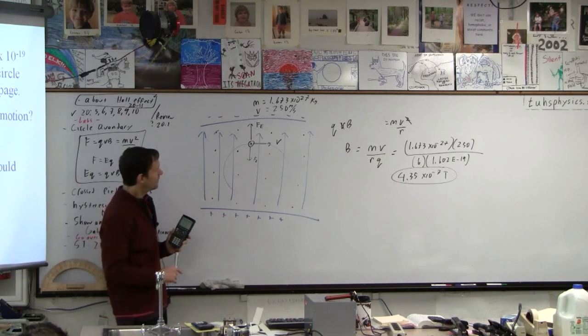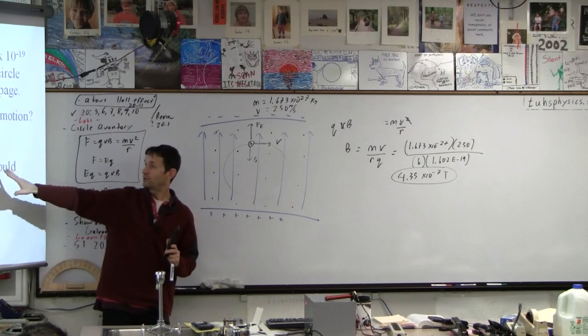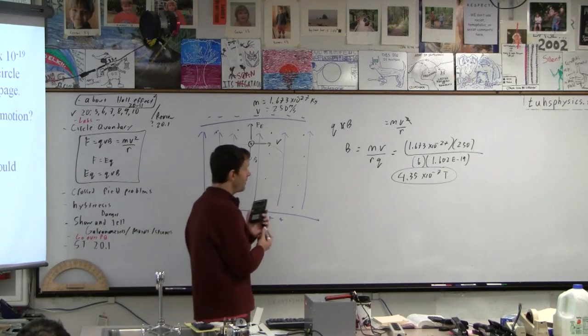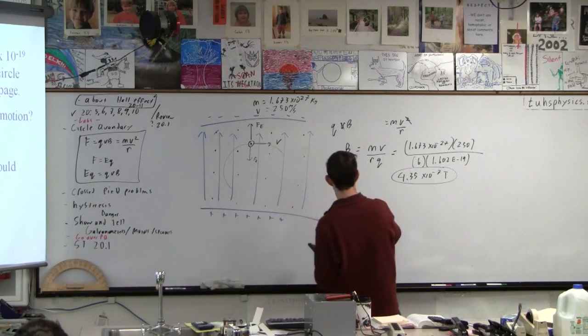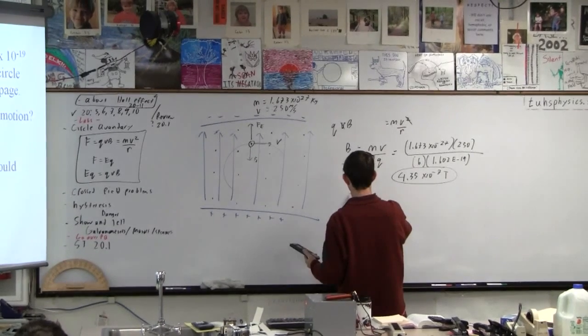Now, let's solve for what the electric field's got to be. This is actually really pretty simple, and then I'll show you something that's kind of cool. It will either help you understand it or, if you're confused, maybe make it more difficult.